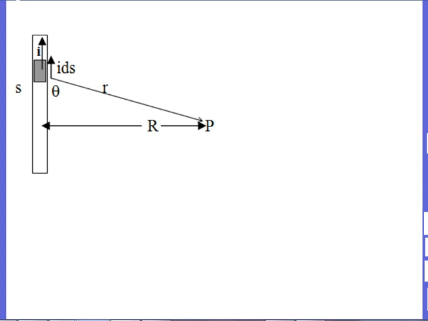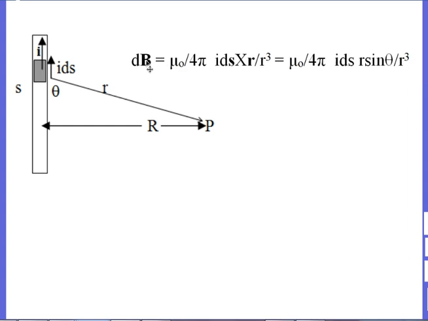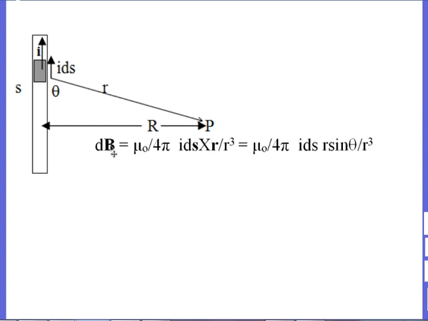And each of those little infinitesimals of current will give rise to an infinitesimal of magnetic field. It'll look like this. This infinitesimal of magnetic field, which comes from this little infinitesimal of current, is going to be mu naught over 4 pi times the current i ds cross r divided by r cubed. And we have to have this so that we can have a cross product.